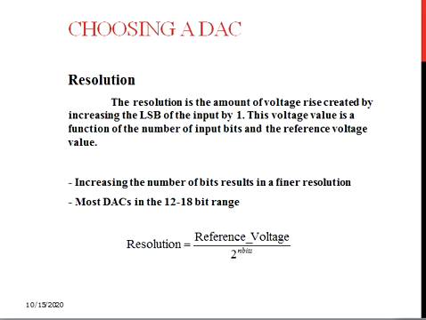This voltage value is a function of the number of input bits and the reference voltage. The resolution can be calculated as the reference voltage divided by 2 raised to n, depending on the number of bits we are using.